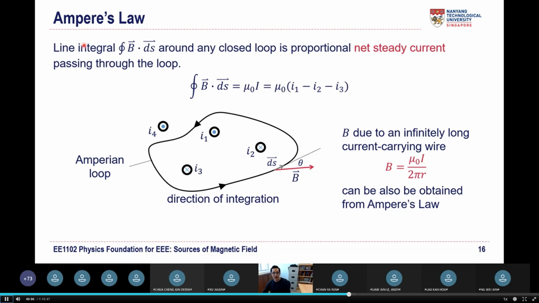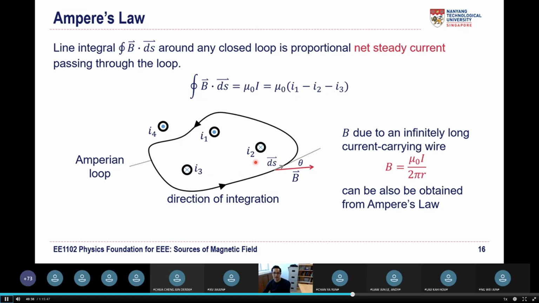But what Ampere's law says is that if we calculate the magnetic field around a closed loop like that, so if we do a line integral of the magnetic field around any closed loop, then that integral is going to be proportional to the total current that is enclosed inside the loop.